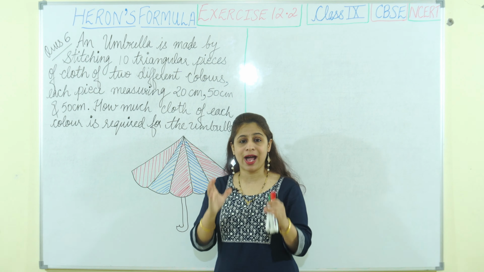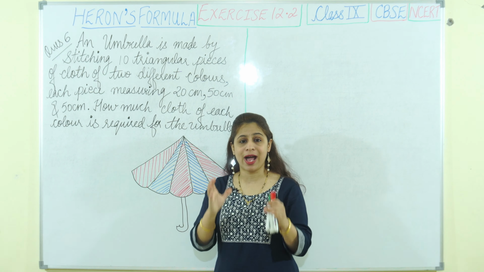We need to find out how much cloth is required in order to stitch such an umbrella. One triangular piece is measuring 20 centimeter, 50 centimeter and 50 centimeter, which means the sides of the triangle are given to us. We are considering one triangle with sides 20, 50 and 50 centimeter.